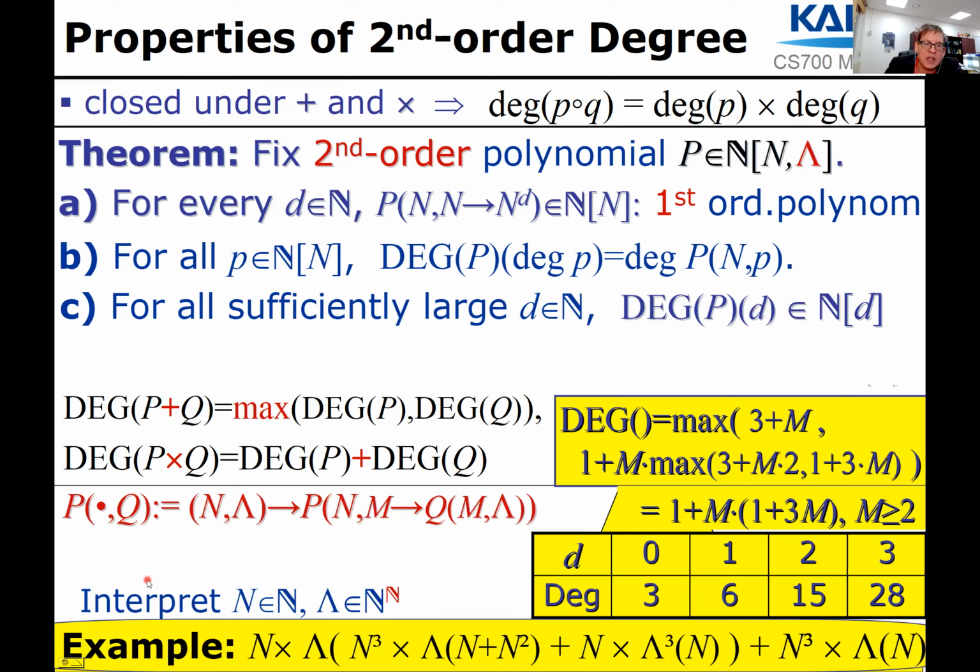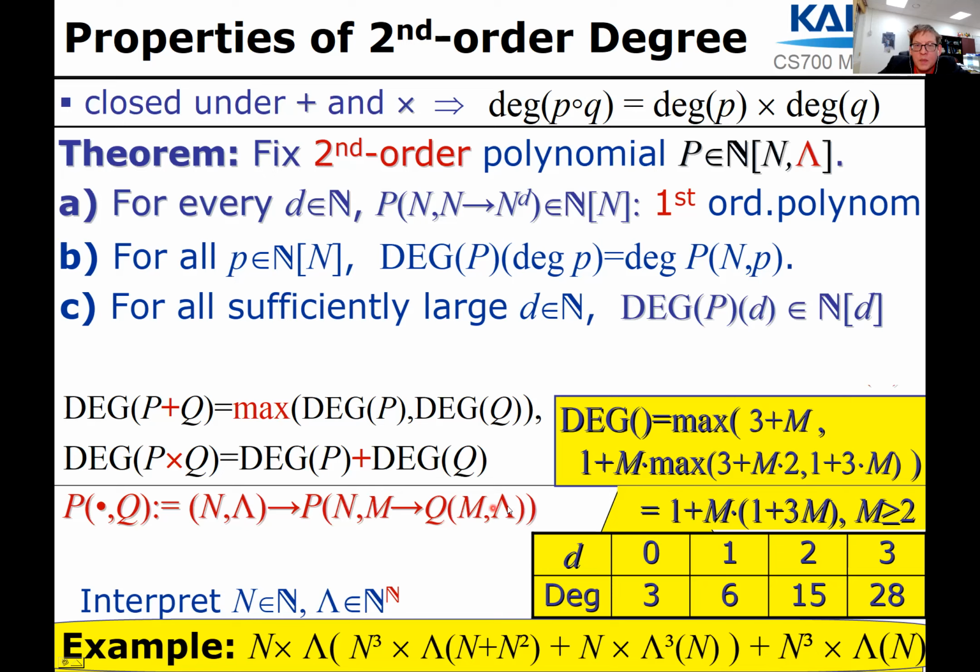Let's first discuss the latter, which makes sense naturally because the second parameter, the second variable, must be a function from natural numbers to natural numbers. And this is this, right? As long as we fix the second order argument lambda for this polynomial and take its dependence only on the first argument, m here, then this is indeed a function from natural numbers to natural numbers.